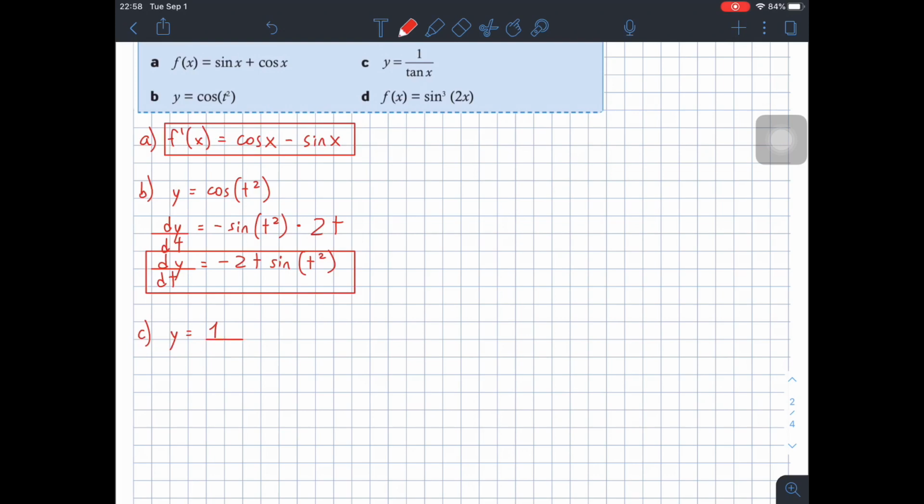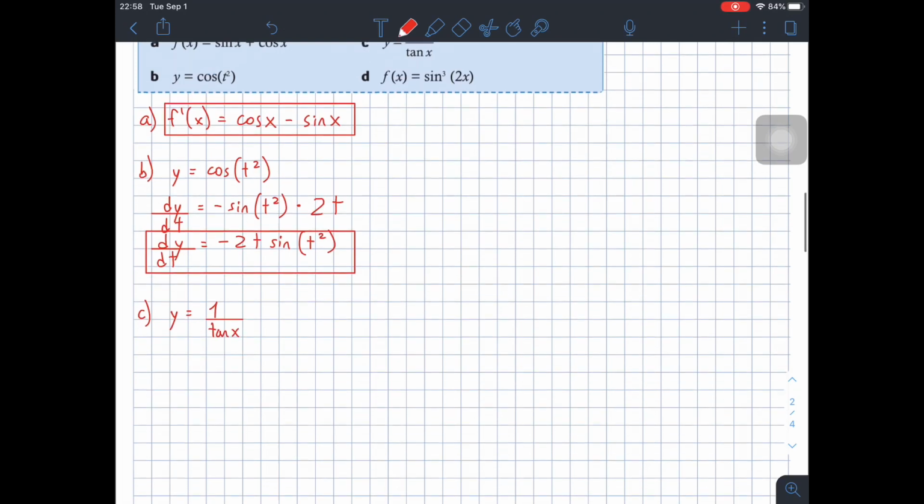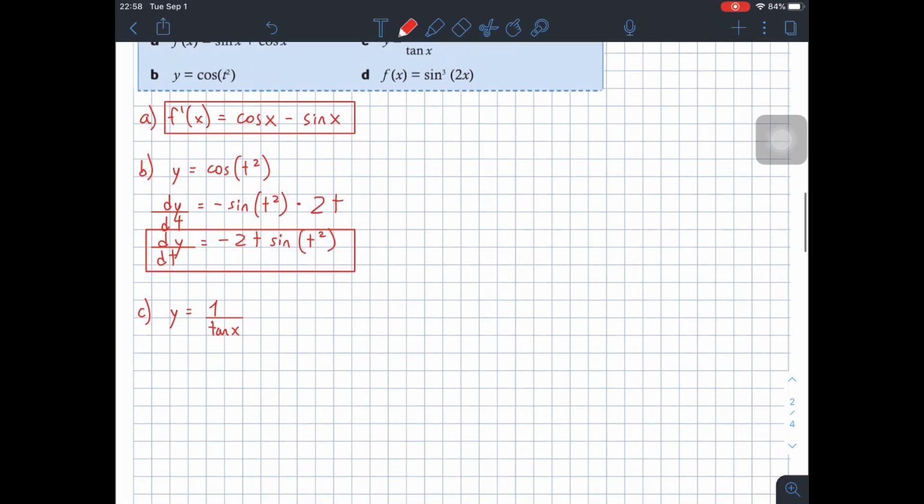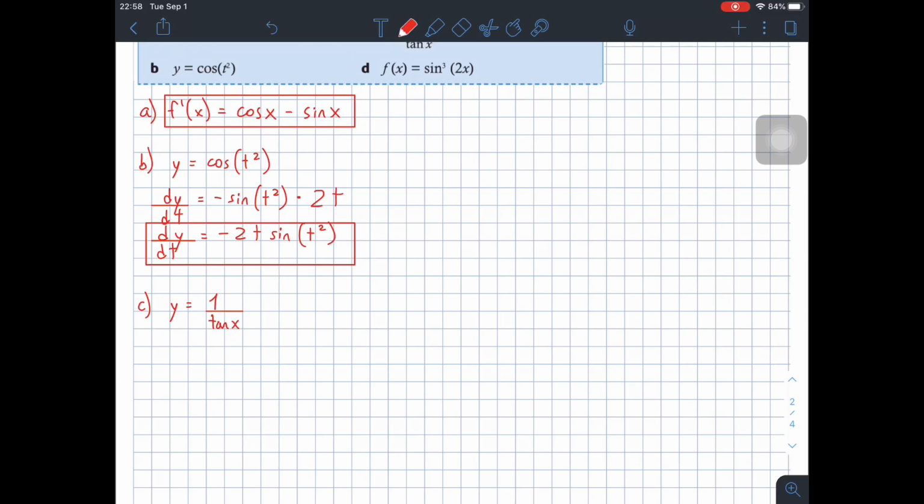1 over tangent of x. Okay, so in this particular case, we could, if we want, apply the quotient rule. But I see there's an easier or shorter way to solve this derivative. Remember that we can take this up, right? If I take that up, we can rewrite this expression as tangent of x and all of this to the power of negative 1, right?